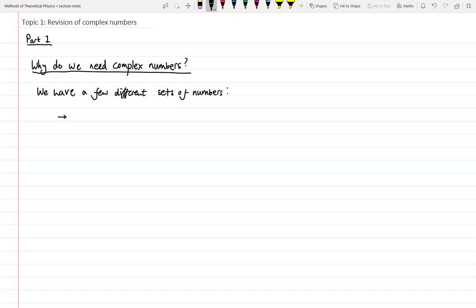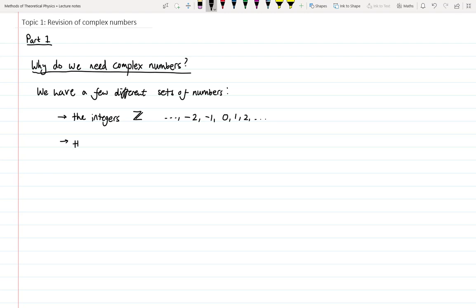Okay, so we have the integers. We typically denote these by the letter Z with a double bar. And these are the whole numbers. So we run from minus infinity, minus 2, minus 1, 0, 1, 2, and off to plus infinity.